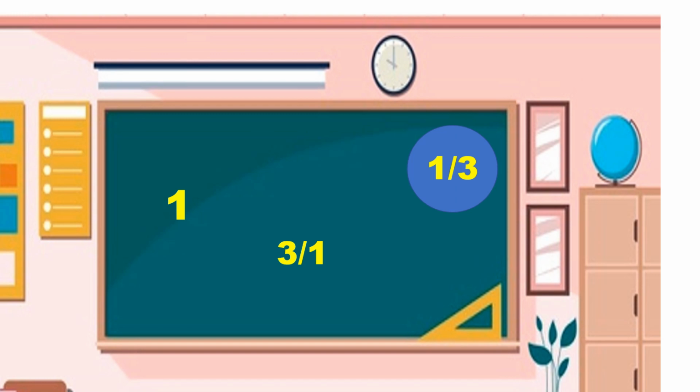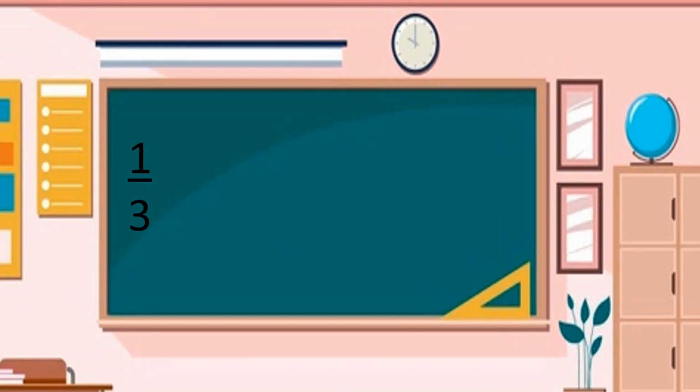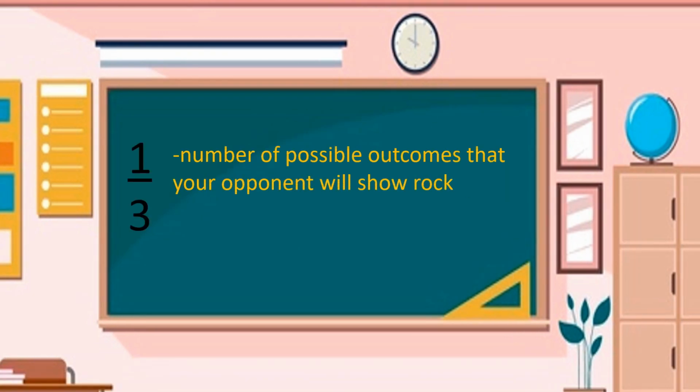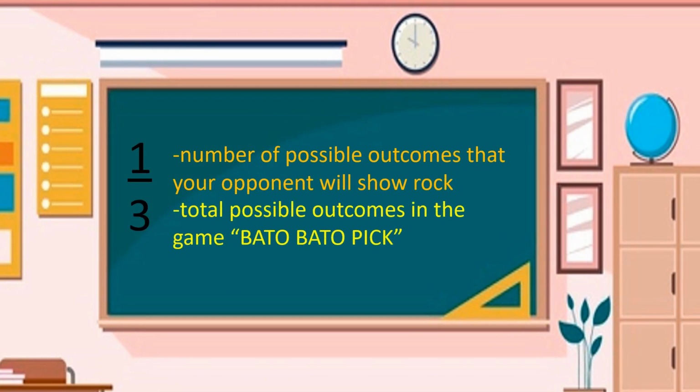But class, why 1/3? What is 1 and what is 3? Okay, 1 is the number of possible outcomes that your opponent will show rock, and 3 is the total possible outcomes in the game Bato Bato Pick.